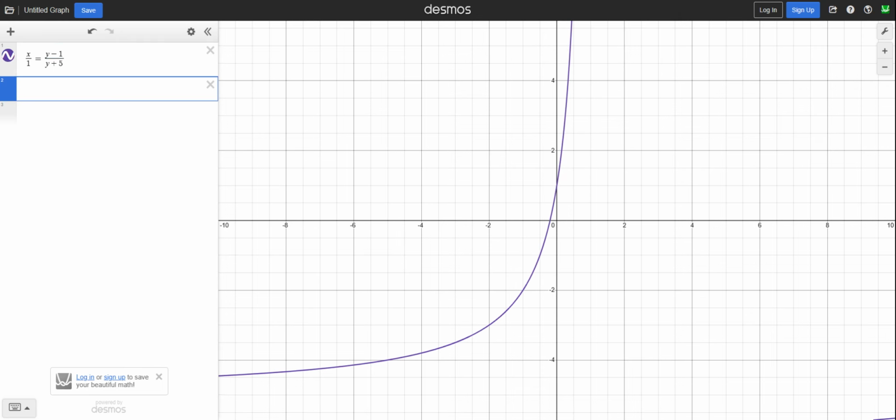And what I get is xy plus 5x equals 1 times stuff is stuff, so y minus 1.